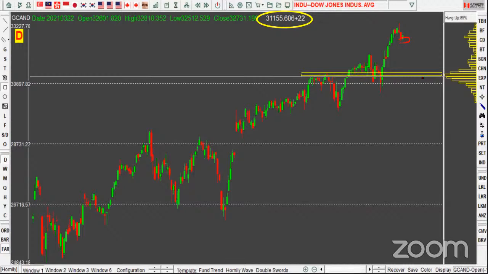As long as the chips remain the longest chips at the level and don't disappear, Dow Jones will not drop much. Unless in future we see the chips around 31,155 disappear or become shorter and shorter, meaning the chips begin to shift upward, then maybe that will be the time for Dow Jones to drop.